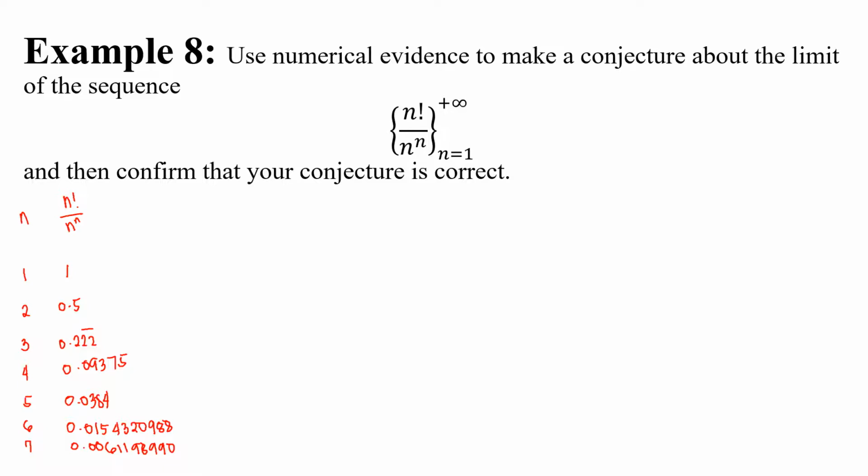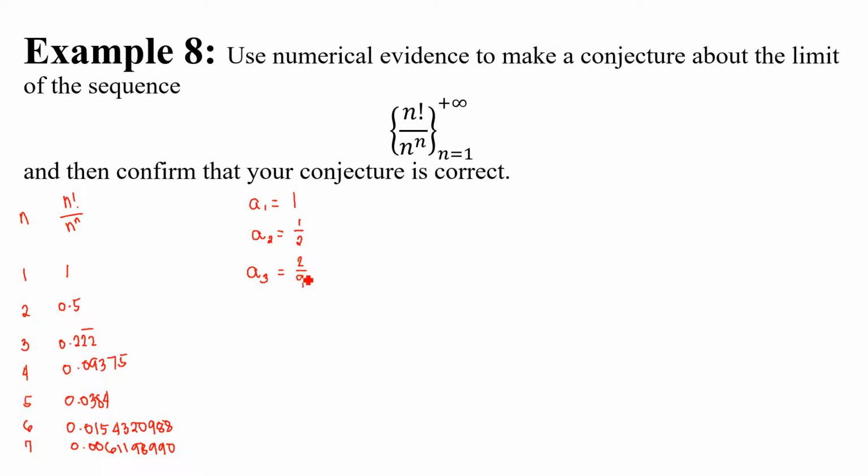Now let's try to have the solution, to confirm the conjecture that the limit of this sequence is equal to 0. If you notice, a sub 1, our first term, is 1. Our second term is 1 half. And then the third term is equal to 2 over 9.